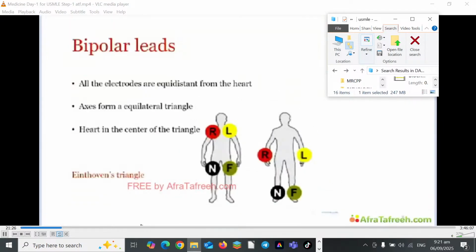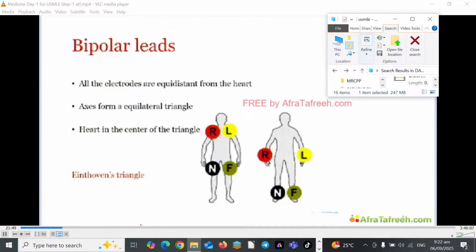So I hope it is clear now. What we are trying to do is place a triangle around the heart. It is like taking a photograph from the top and from the bottom, placing different cameras at different angles so that you can image the heart from as many areas as possible.